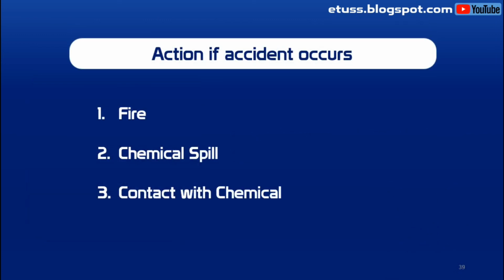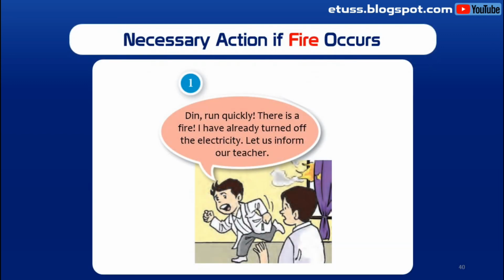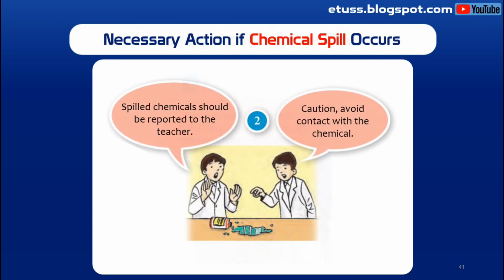If accident occurs, such as a fire, chemical spill, or contact with chemical, what should you do? In the event of a fire, you must notify teachers and others quickly. If chemicals are spilled, please do not touch them.